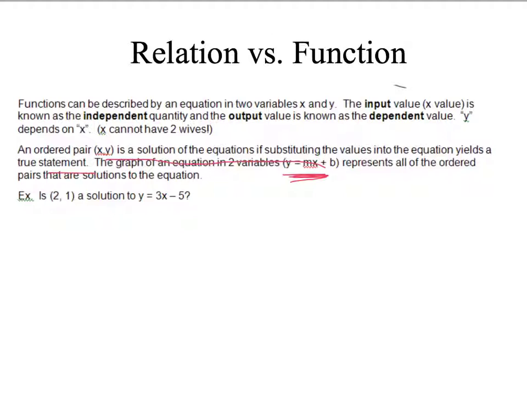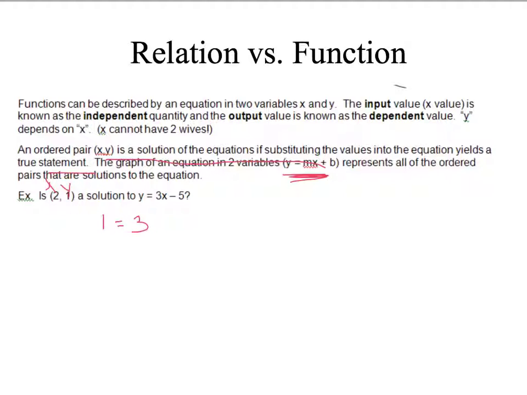What we're going to do in this example, it says, is (2, 1) a solution to y equals 3x minus 5? What that means is, if I plug in 2 for x and 1 for y, does that make the equation a true statement? So I'm going to plug in 1 for y and then 2 for x.